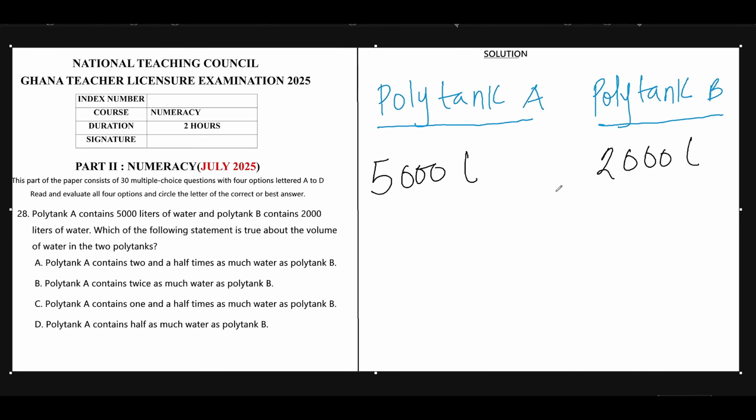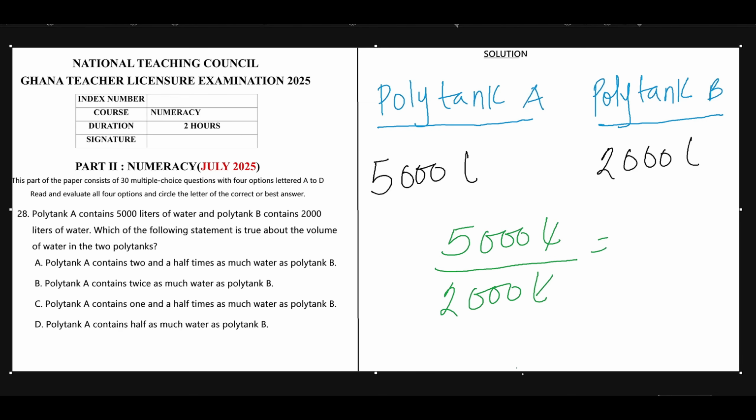So we have to compare. To compare this, we just divide the volume of polytank A, which is 5,000 liters, by the volume of polytank B, which is 2,000 liters. So the liters will cancel out.